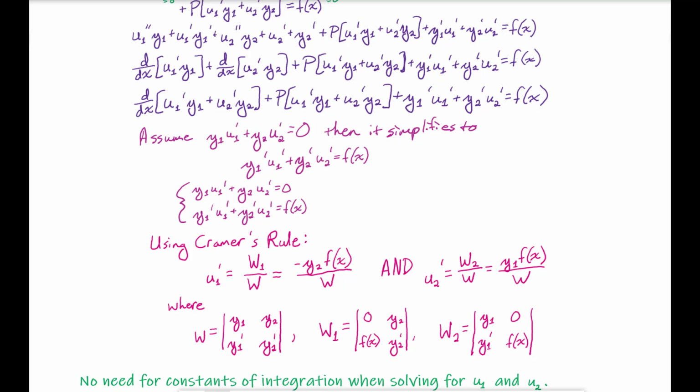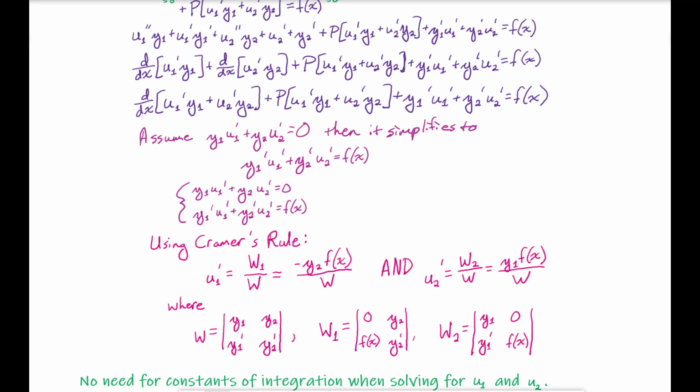So we're going to use Cramer's rule, which tells us that solving that system of equations, u1 prime must equal W sub 1 divided by W, which equals negative y2 times f of x divided by W. And u2 prime must equal W sub 2 divided by W, and that's also equal to y1 f of x divided by W. Now W is our Wronskian with y1 and y2 in the matrix, along with their derivatives.